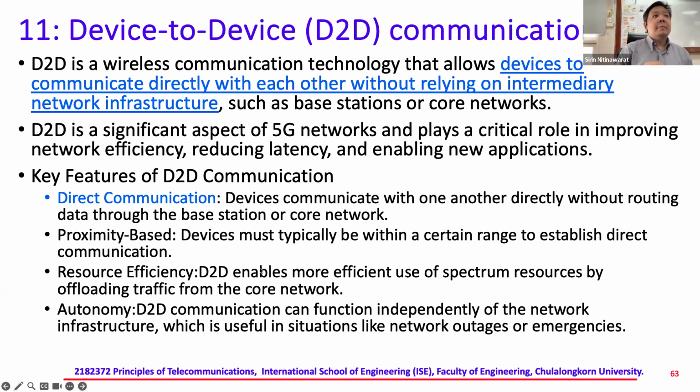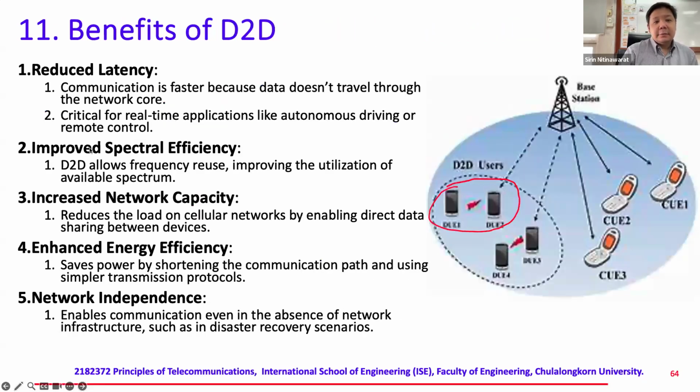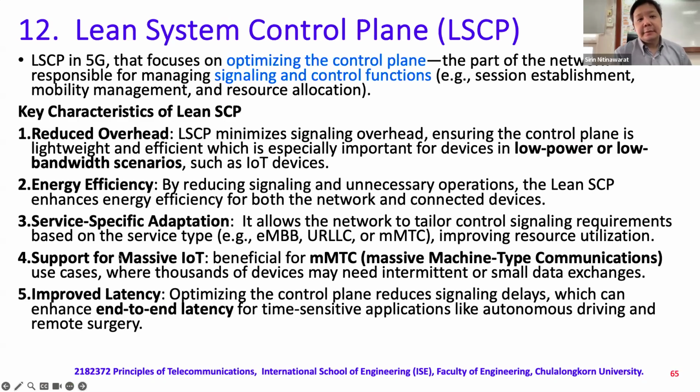And if you offload some suitable communication to device to device, then overall the spectrum is more effectively used by all the users. Okay. Another added benefit of direct communication is that they can function independently of the core network infrastructure, which can be useful for disaster situations of outage and emergency, right?